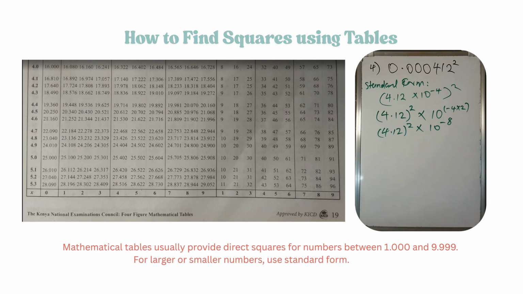That will be direct. Column x, then 4.1 moving horizontally to column 2, 4.12 squared is giving us 16.974.